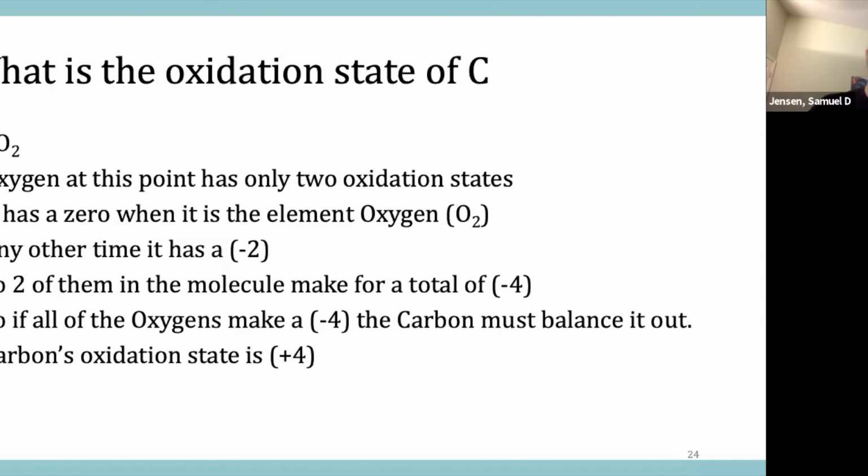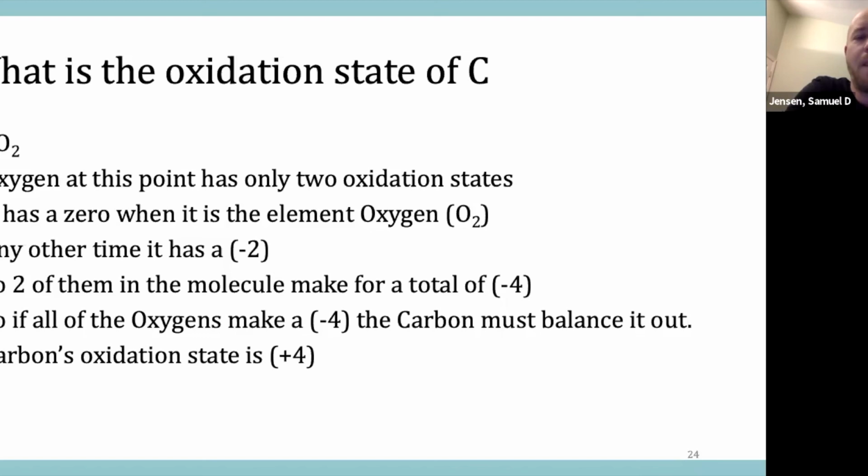So let's look at this second molecule, carbon dioxide. Oxygen has only 2, let me take that back. I would say oxygen usually has only 2 oxidation states. There is a third, but we're not really going to worry about that right now.